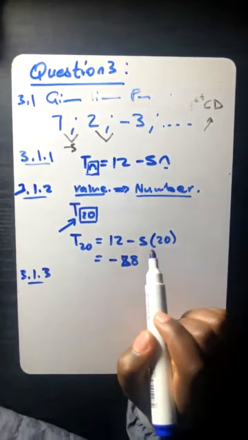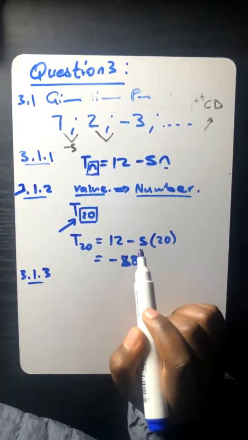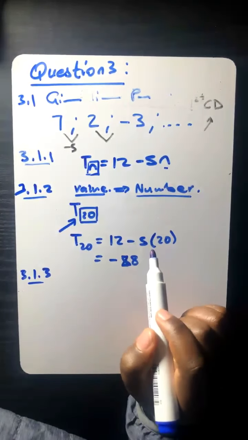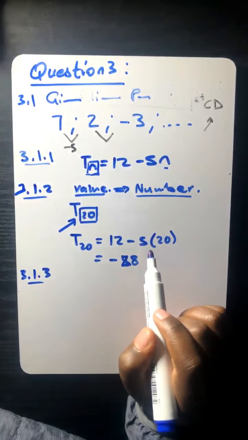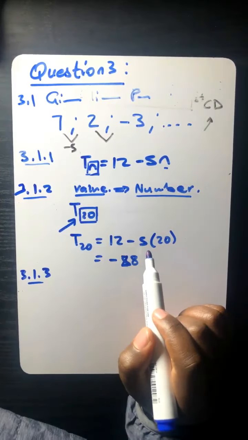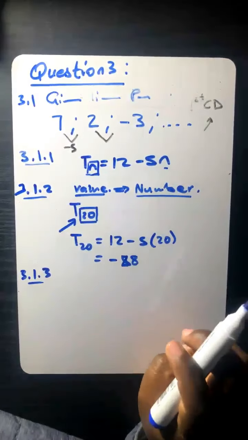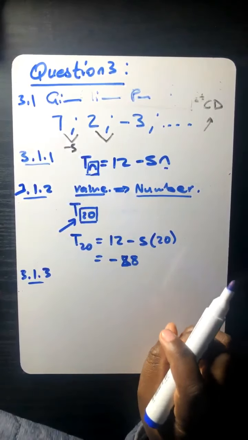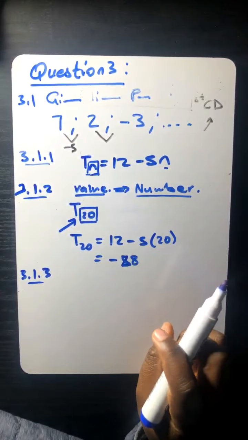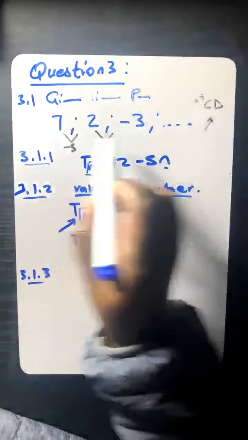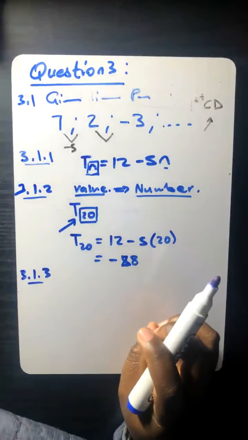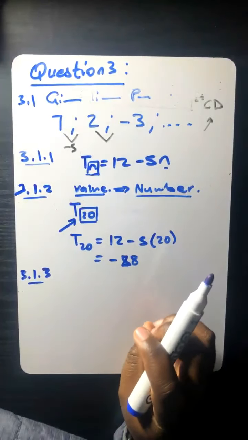So the question says, which term in the pattern has a value of that? You can also interpret this question as: which term in this sequence has a value of -3?